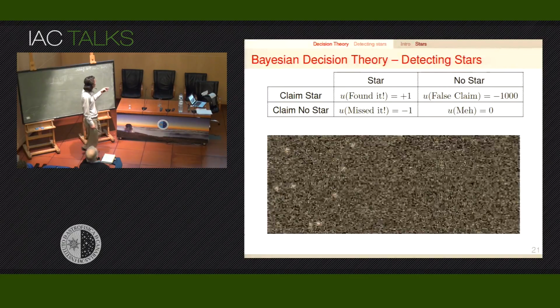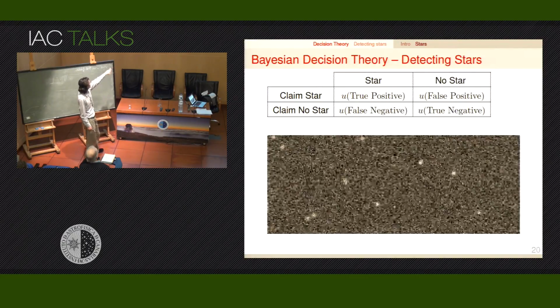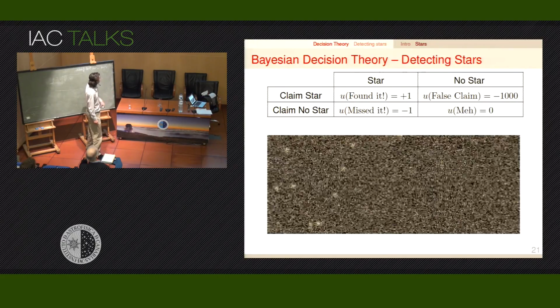Okay, so in this example, looking at the image at the bottom, if you squint and are used to looking at dodgy signals, you might count a number of stars. In this one, I made it a little bit more faint, so it's even more challenging. So instead of calling them true positive and false positive and so on, I like to think of them as: hooray, we found a star that's actually there, so we get €1.